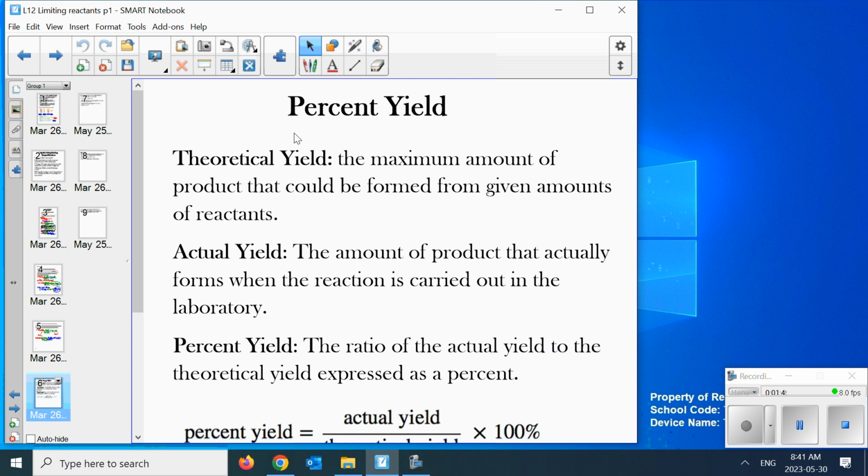In actuality, though, reactions just don't happen 100% efficiently, right? And you even hear about the efficiency of high efficiency furnaces. It has the name right in it. You probably haven't bought a furnace yourself, but maybe your parents have, and it might have an efficiency rating of 90%.